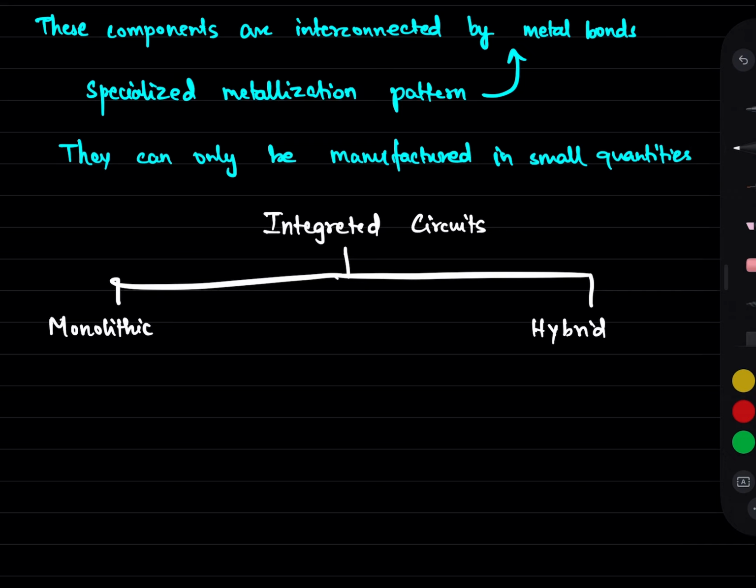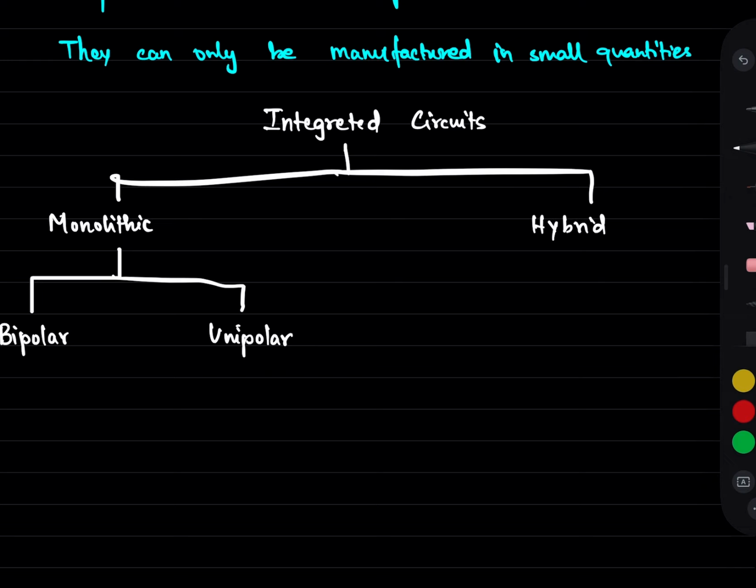Monolithic integrated circuits are further divided into bipolar and unipolar, which means, how did they classify monolithic into bipolar and unipolar? Based on what active device we are using in the monolithic IC, whether it is a BJT, for example, or whether it is a FET.